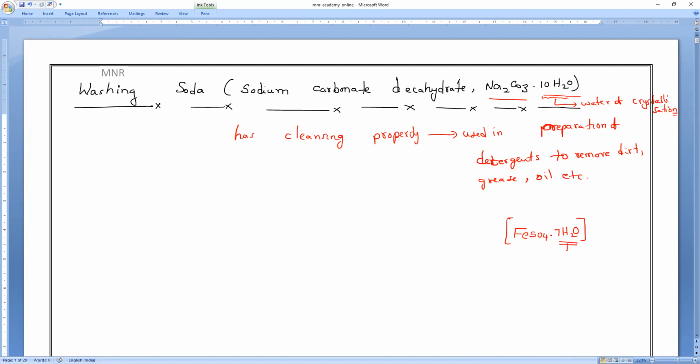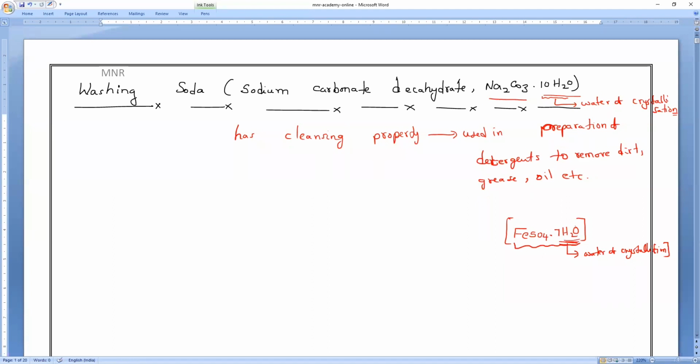So this 7H2O we used to call water of crystallization. Water of crystallization is the amount of water present in the crystals of a compound. Actually the crystal structure comes because of this water.